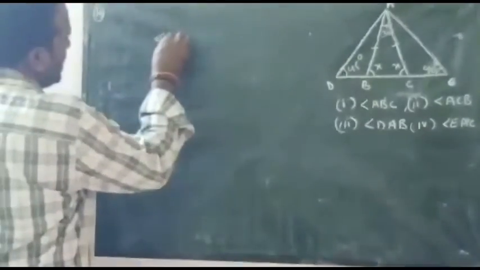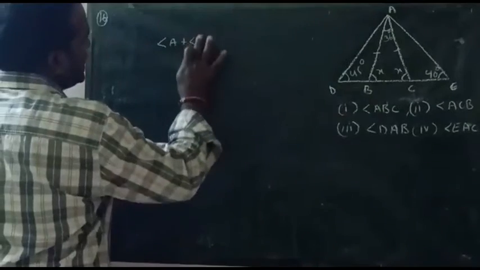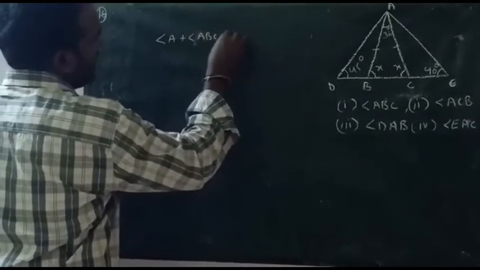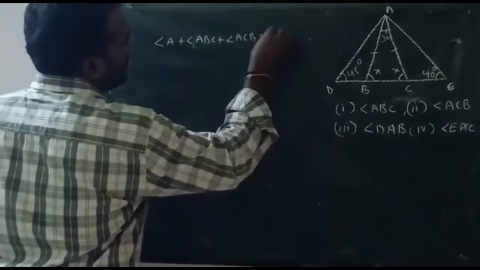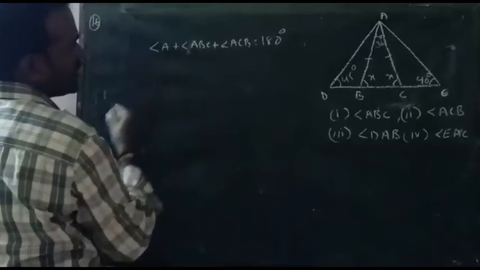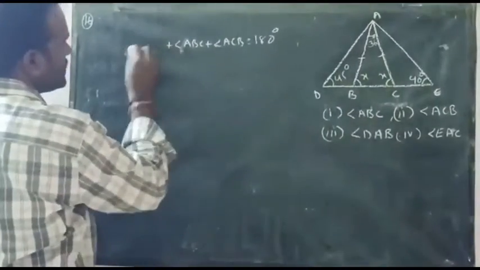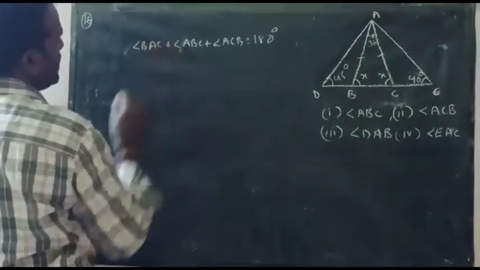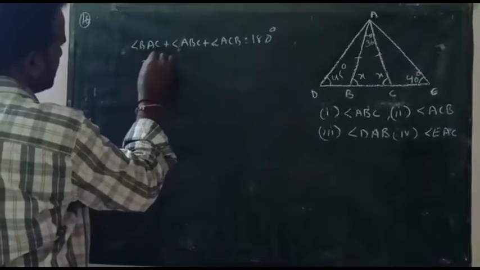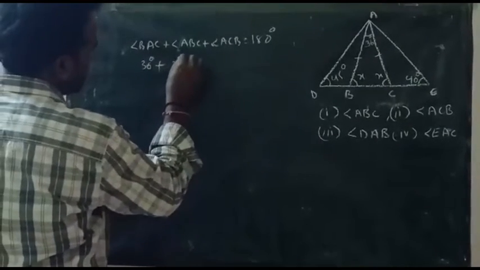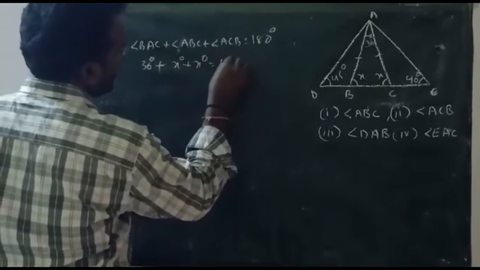Angle A plus angle ABC plus angle ACB is equal to 180 degrees. Angle BAC is 36 degrees, so 36 degrees plus x degrees plus x degrees is equal to 180 degrees.